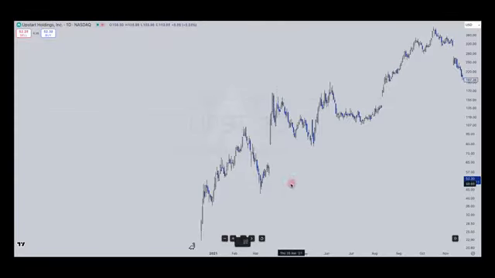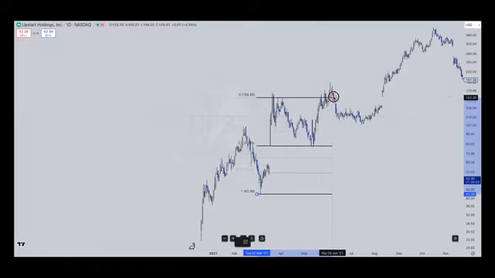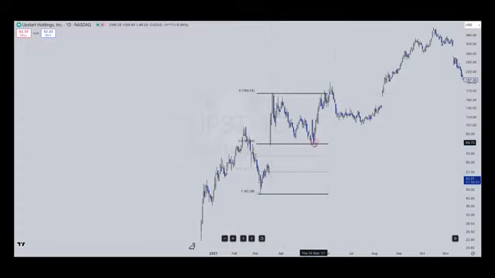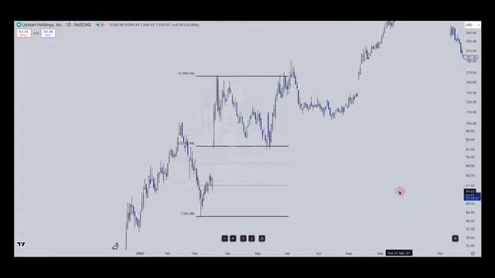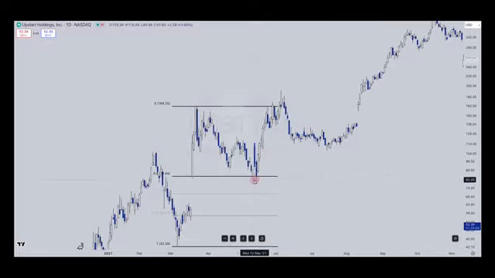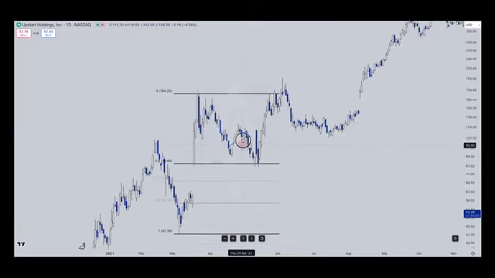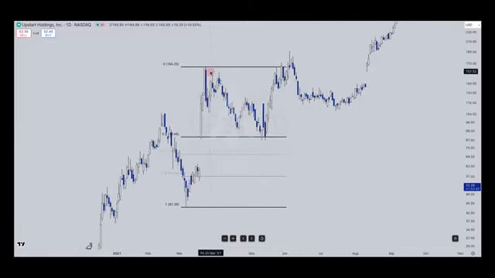If you take your Fibonacci tool and plot from this low to this high, another impulse swing, what do we get? What do you guys see? Do you see how this impulse swing was made upwards, and then price retraces? It comes all the way back to where? To equilibrium.